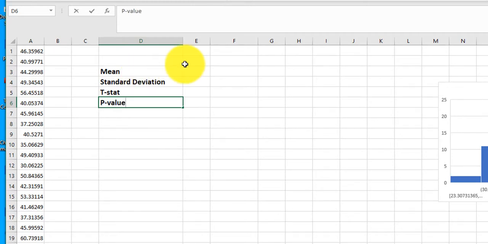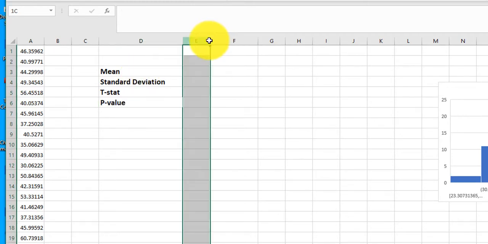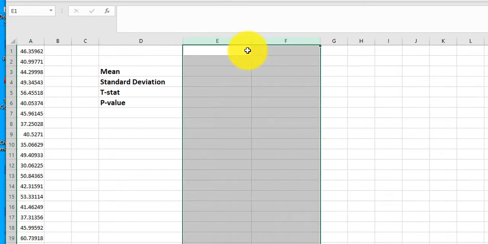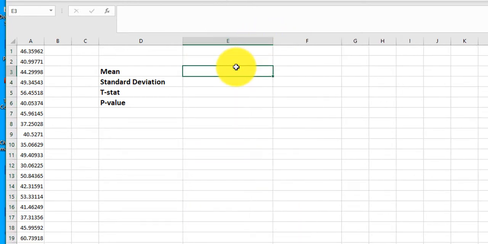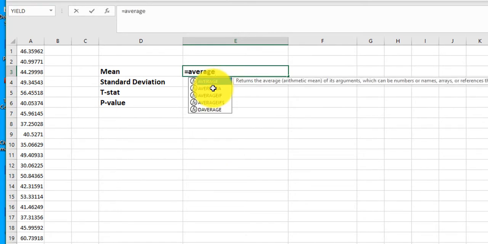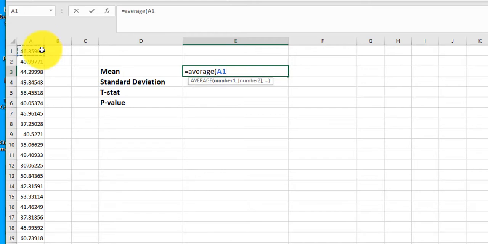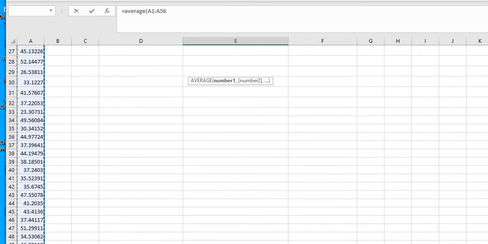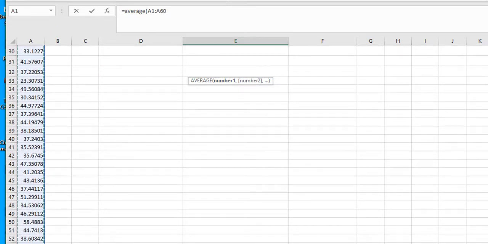So we're going to need all of these things, and we can quickly do these one by one. I can type in equals AVERAGE and then highlight my data. I think there were 60 points. Close this up. Press enter.